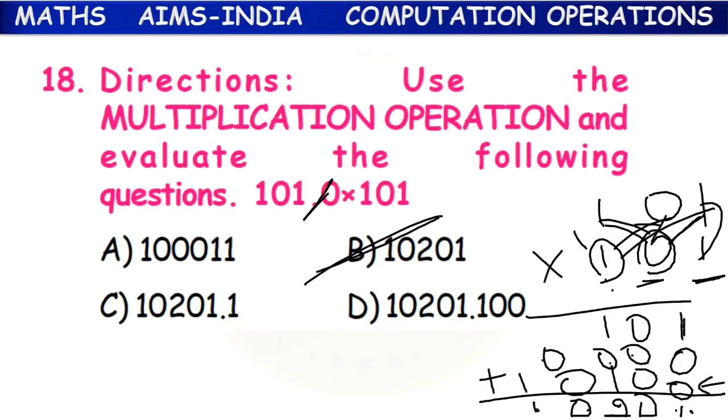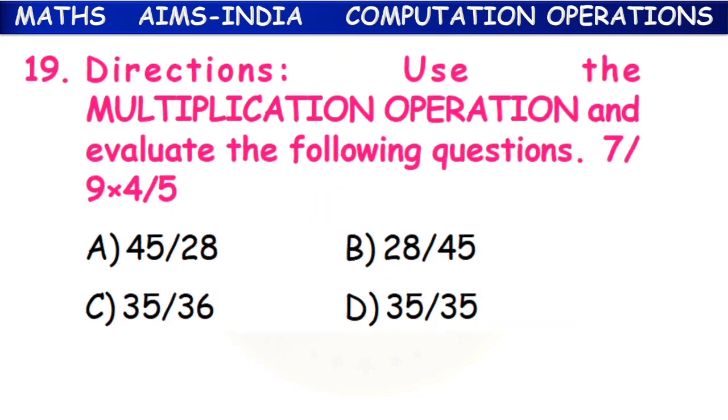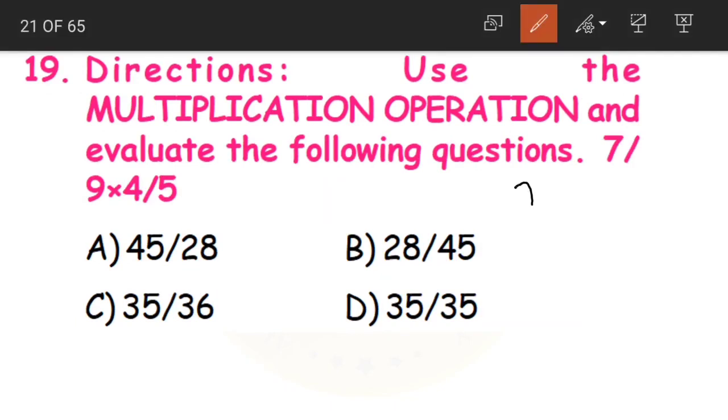Coming to question number 19. Again, use multiplication to evaluate 7 by 9 into 4 by 5. Now these 7 by 9 and 4 by 5 are fractions, children. We have not covered this topic yet, but I'll simply tell you how to multiply them.